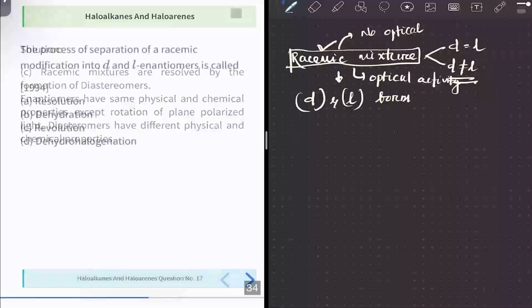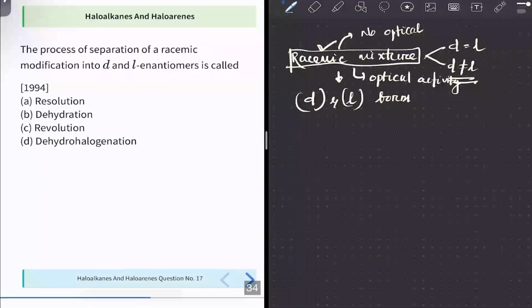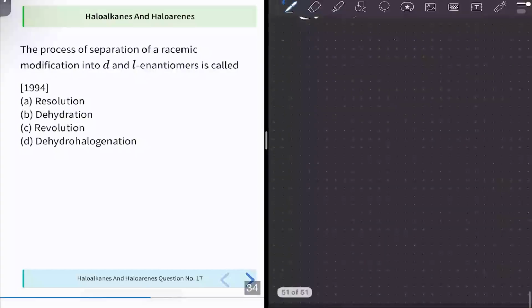Okay. So question number 17 we'll see. The process of separation of a racemic modification into D and L enantiomers is called. Here the same thing is given in a different language. The question is asking, what is the process to separate D and L enantiomers?